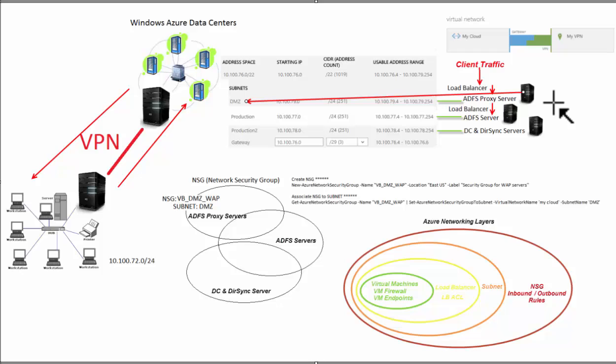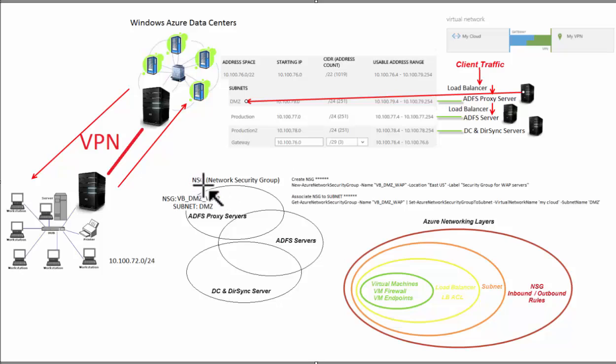So the next point to take is, in Windows Azure we have another object that we call an NSG, which is a Network Security Group. Network security groups can be looked at like a firewall. We can put inbound and outbound rules based on IP addresses and ports.